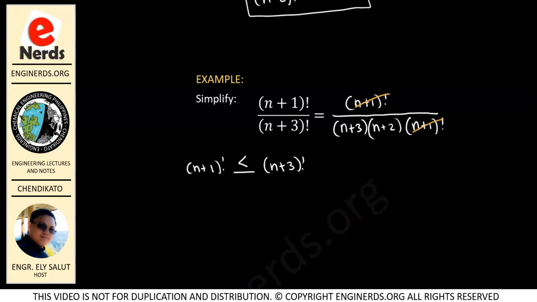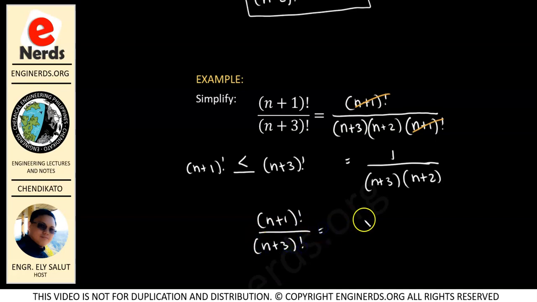So, what is left for us? We have 1 over n plus 3 times n plus 2. Now, we can have this as our answer, but we can also expand it. n plus 1 factorial over n plus 3 factorial is equal to 1 over n times n, which is n squared, plus n times 2 is 2n, 3 times n is 3n, plus 3 times 2 is equal to 6.